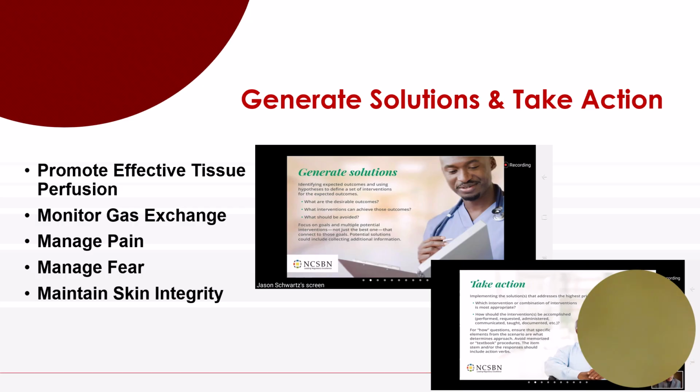Clotting factors later in the progression of the DIC will be administered when hemorrhage is that primary problem. And we obtain those from fresh frozen plasma, the cryoprecipitates, and platelets.